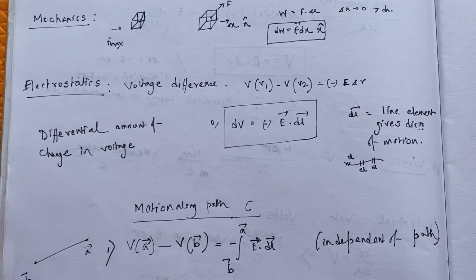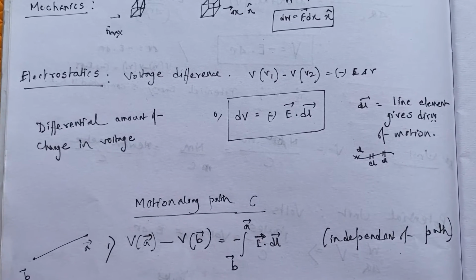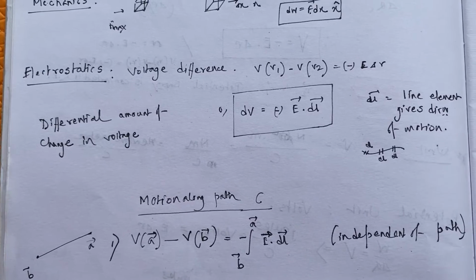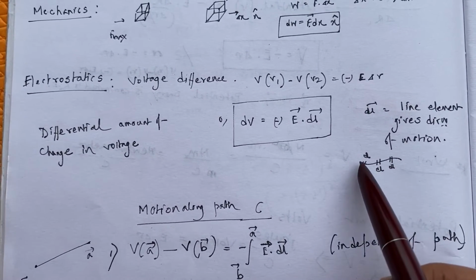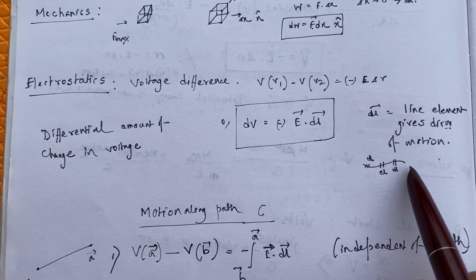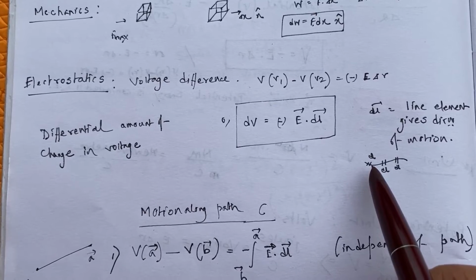We can easily recall that this dl gives you the line element, and this line element gives us the direction of movement. So if I move along this arbitrary line, then this entire arbitrary line will be characterized by these small vector elements dl.